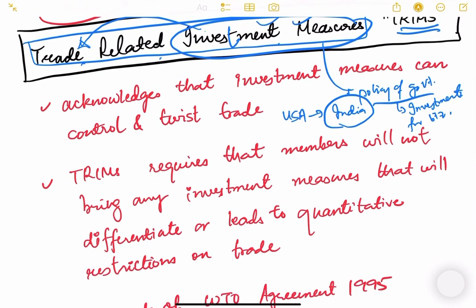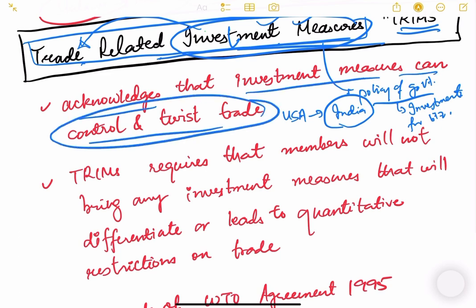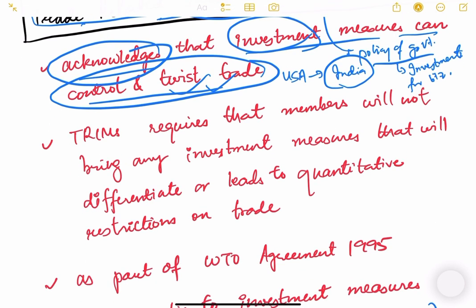So basically the first point that this TRIMS agreement does is that it acknowledges that investment measures can control and twist trade. The small regulations, rules and requirements of a country related to investment can affect international trade. It accepts the fact that this can affect international trade.